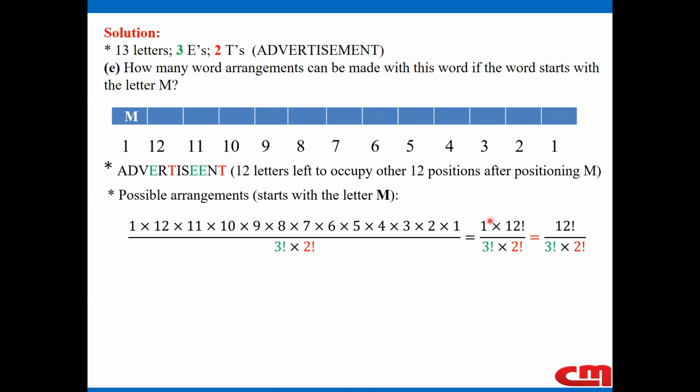Then simplified at first, this 12 times 11 times 10 up to 1 is 12 factorial. This is the one which is here. Then at the bottom is still the same. Then obviously 1 times 12 factorial is 12 factorial over that. You can simplify or you can leave it like that.